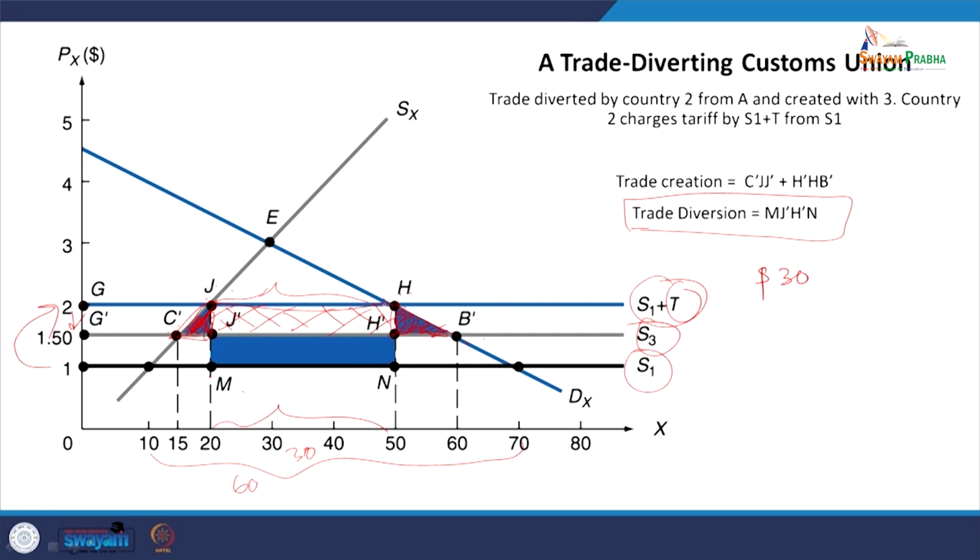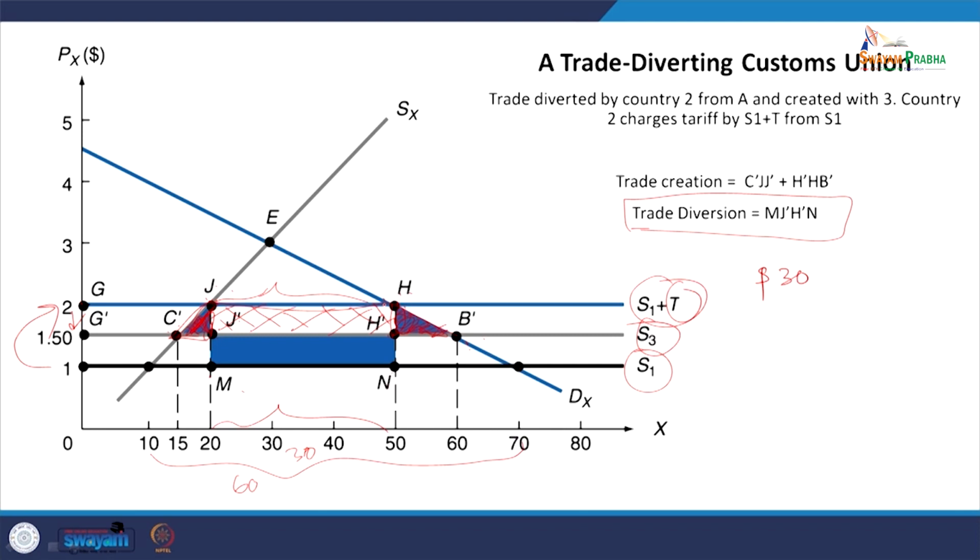Now, let us calculate the value based on these figures: how much the country has given up and how much the country has actually added due to joining the customs union.